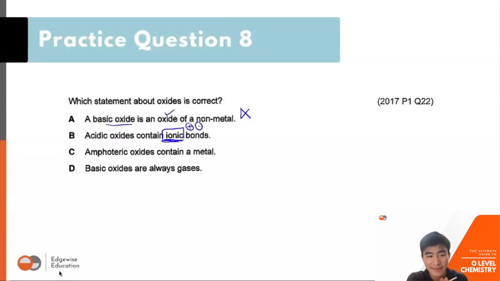If not, then no. Remember your NO2, SO2, CO2, H2O. Correct, very good. So there's no ionic bond because all of these are covalent. They are oxides, so it's an NO2 gas. They are all simple molecular structure, your SMS.